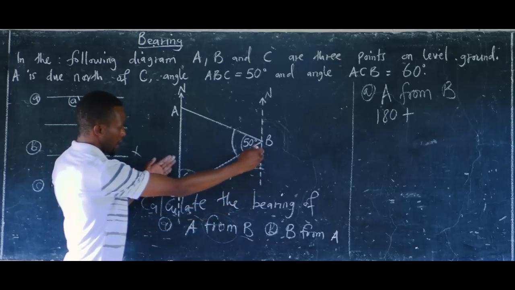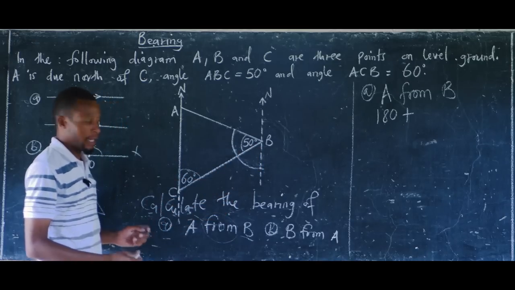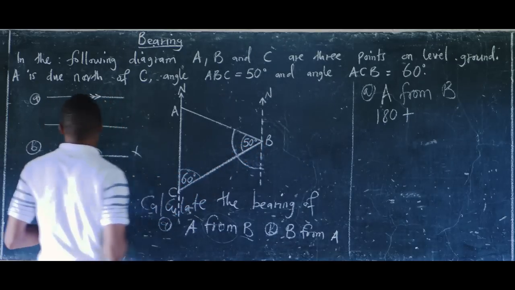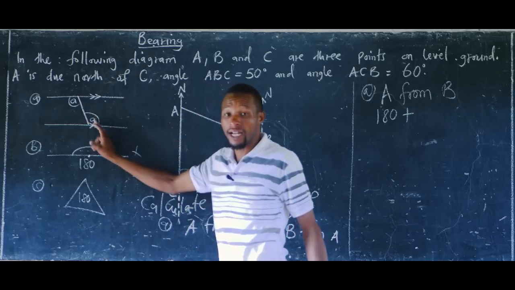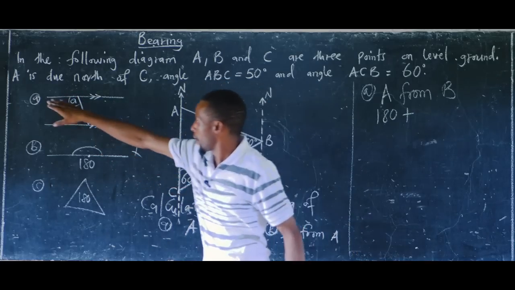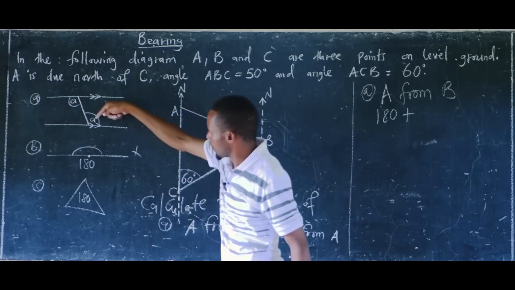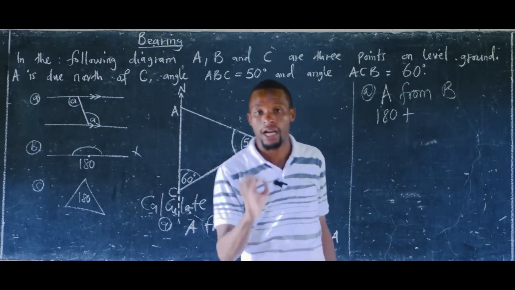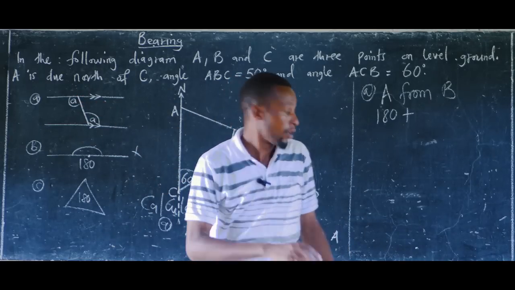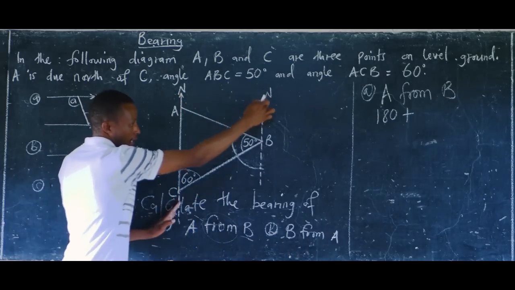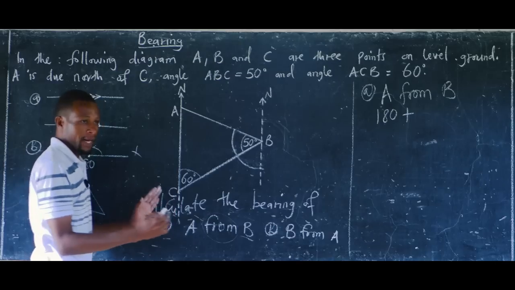So from here, we can apply this. This line and this line are parallel to each other. There's a transverse. This is our transverse right here. And what is the property of parallel lines with a transverse? Parallel lines with the transverse cutting them, the alternate angles are equal to each other. So when you look at this line here and this line here, they are parallel to each other.